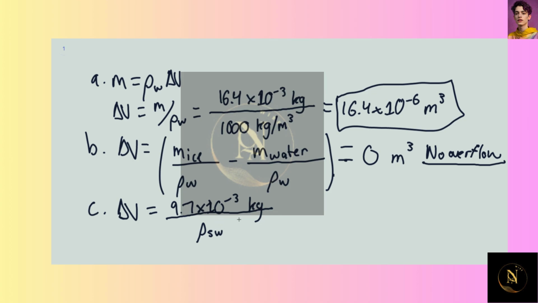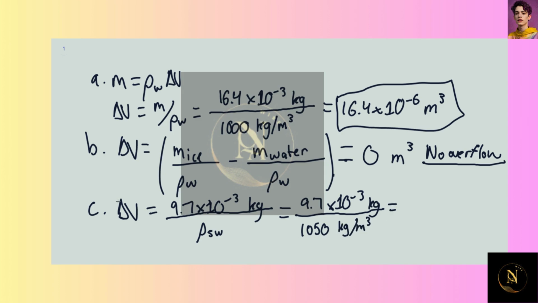So here, we're going to say that the density of salt water is 1,050 kilograms per meter cubed.